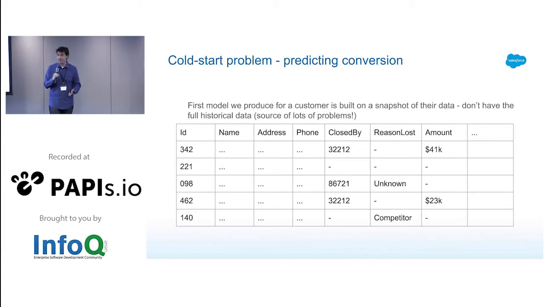That snapshot can contain data from a long time, depending on how long they've been using Salesforce. They could have data that goes back years, even decades. But we only get to see what it looks like right now. We don't actually have every timestamp of every modification to all the records when we start out. Later we do, but not at the very beginning.